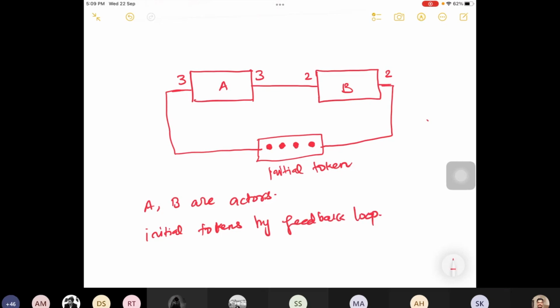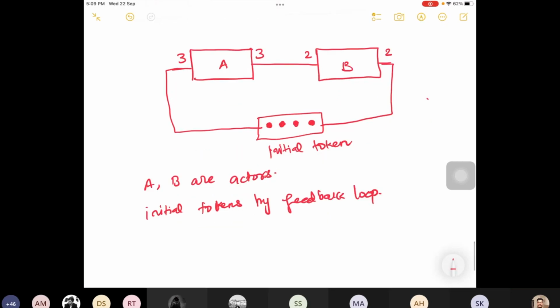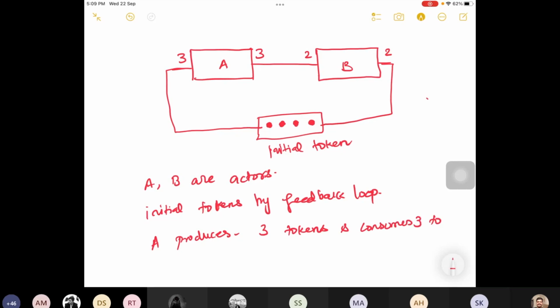Now A and B, how many times do they fire and how many tokens do they produce? A produces 3 tokens and consumes 3 tokens. Similarly, B produces 2 tokens and consumes 2 tokens.